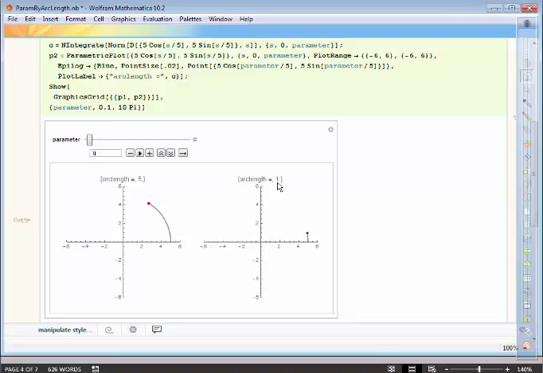And my arc length over here is 1. So if I put a value of pi here, my arc length is 15.7 if I would just regularly parameterize it.